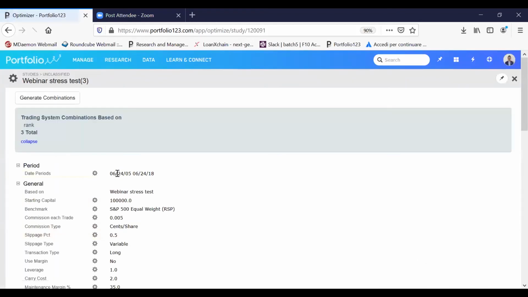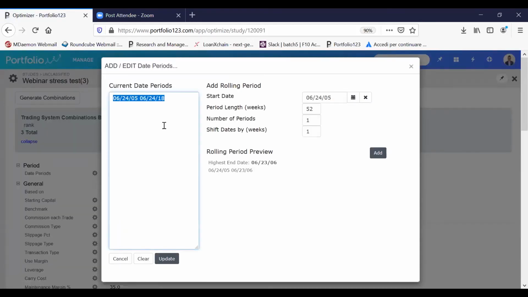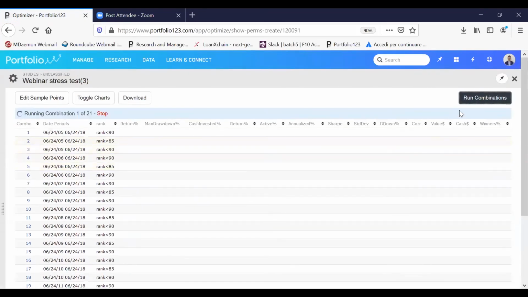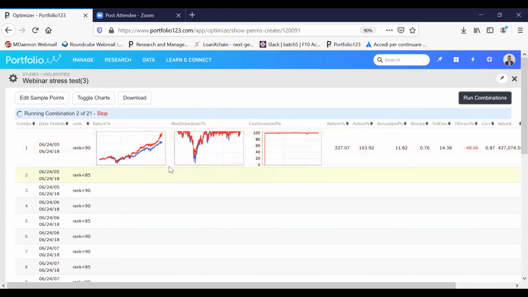You can do that, and you can also see, for example, different periods in order to spot if there is any bias in the stocks that you are selecting first. So you can do this manually by creating 21 simulations, but in this way, of course, it is much easier.